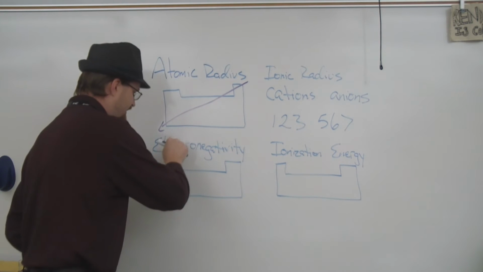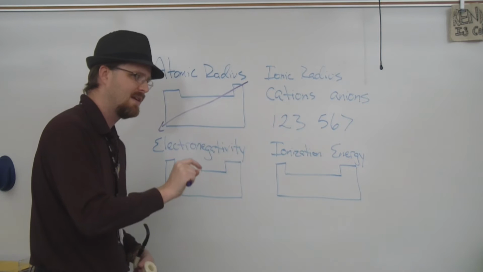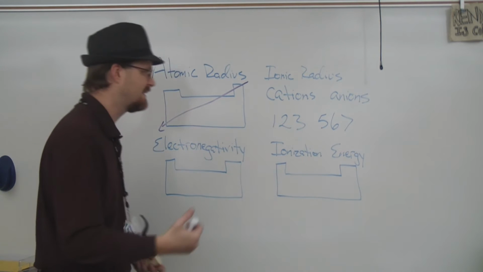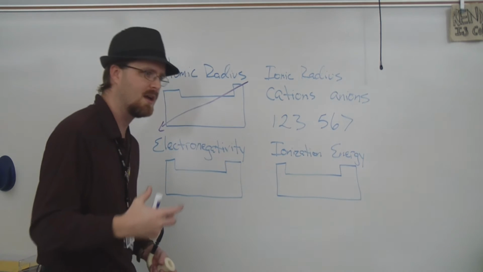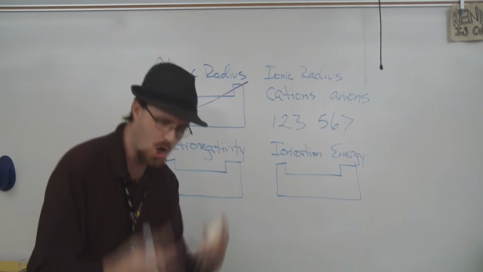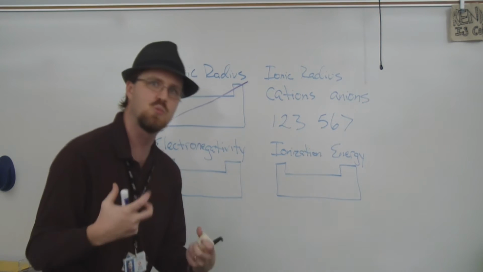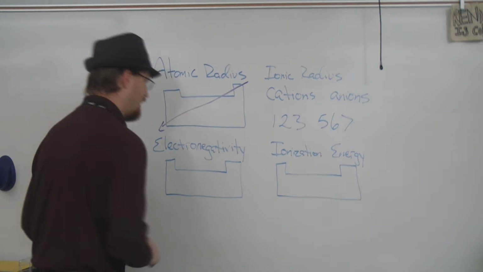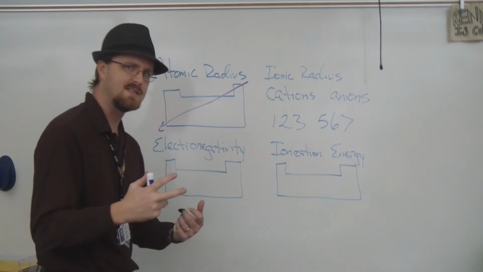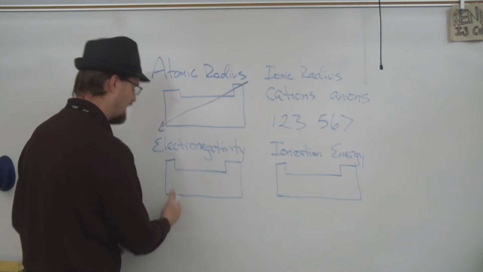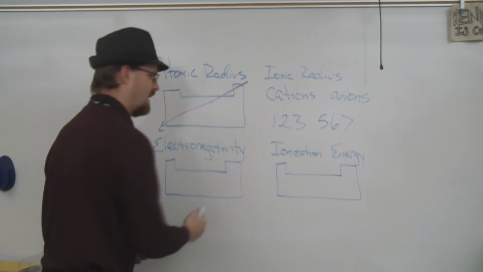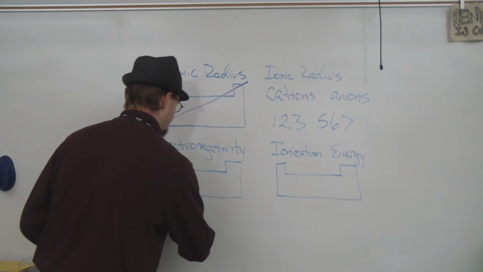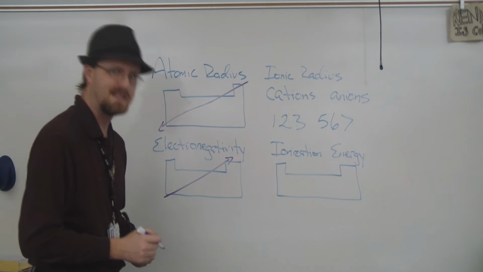But as you go down the group, proton pull decreases and electron shielding increases, thereby allowing the atom to no longer be able to hold on to electrons as well. So electronegativity must decrease as you go down. So our weakest atoms in terms of electronegativity are down here in the bottom left, with the strongest electronegative atoms in the top right. So this particular trend must increase thusly.